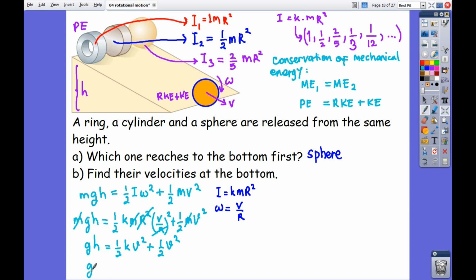Let's factorize this half v squared. So half v squared times (k added by 1).